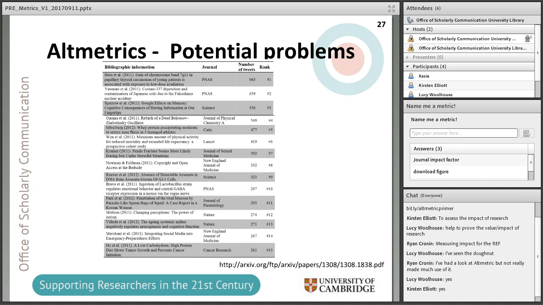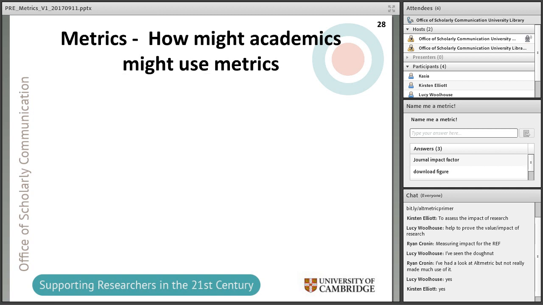If you look at that list, you can see that the top few all sound fairly serious and important and proper science, and then you get down to number 7 and it's an article called "Penile fracture seems more likely during sex under stressful situations." It might have been extremely high quality research, I'm not going to doubt that, but I'm going to guess people were tweeting about it not because of the seriousness of the research. They were probably giggling like my colleague next to me.